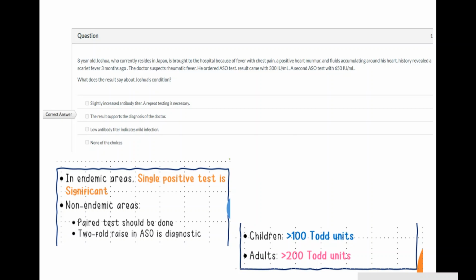Now, I would like to explain the mechanism involved in why there has been an increase in the antibody titer. This was actually asked by one of your batchmates. The reason why there has been an increase in the antibody titer, we can trace that back to the kinetics of antibody production during streptococcal infection.